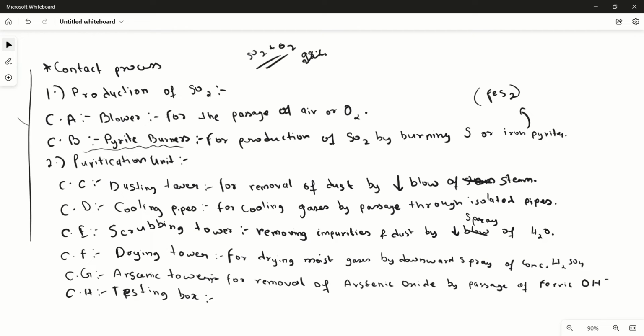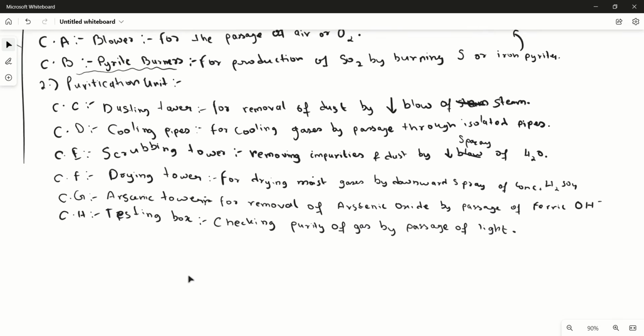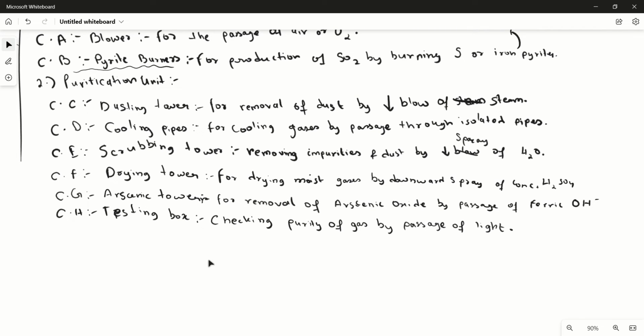Here we check the purity of the gas by passage of light, through a darkened box, of course. It's obvious. So here we're done with the purification unit. We've purified the air. It's amazing, it's beautiful.